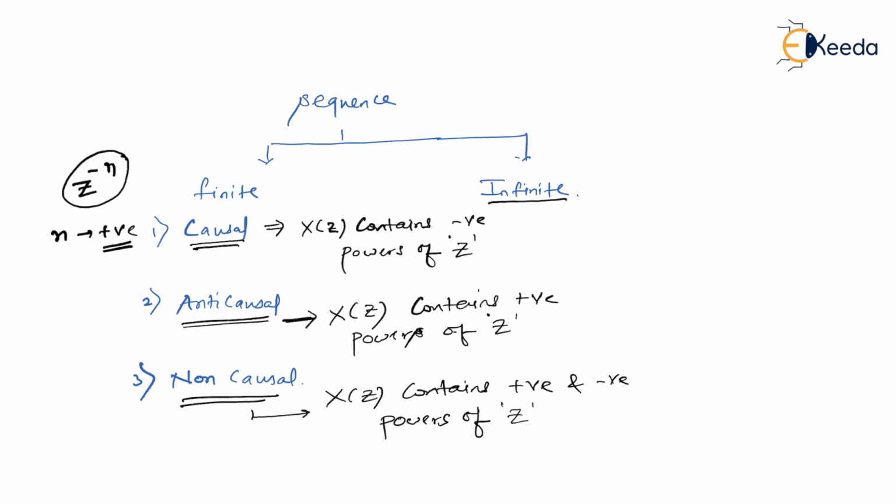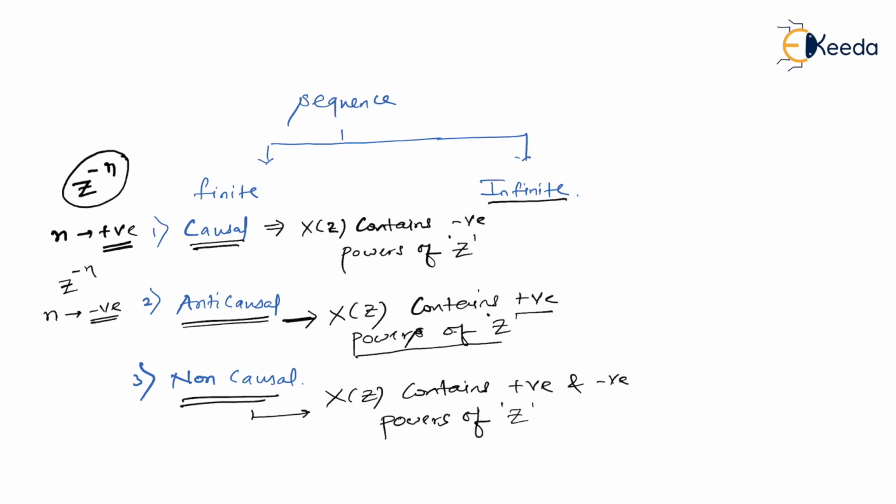In anti-causal, we know that it is completely left-handed signal, meaning for all values of n negative, but in the formula we have z to the power minus n, and since n is negative, they become all positive powers of z. And when it comes to non-causal, you don't have to worry about whether n is positive or negative, since they are present on both sides, right-hand side also and left-hand side also.